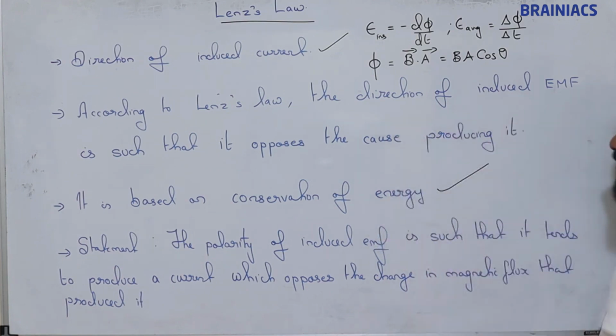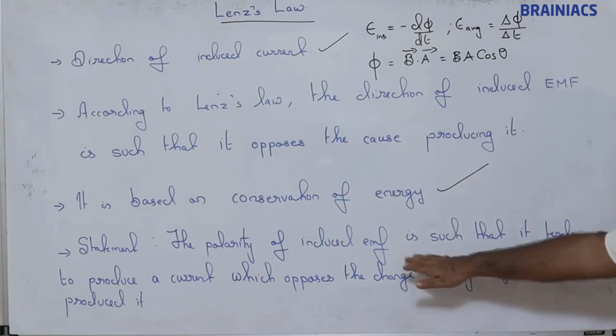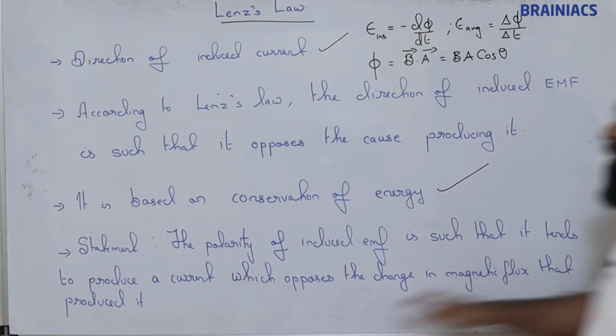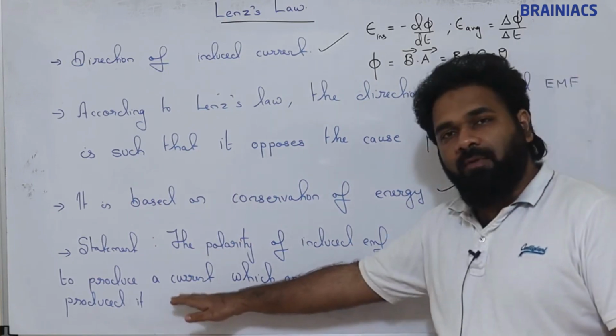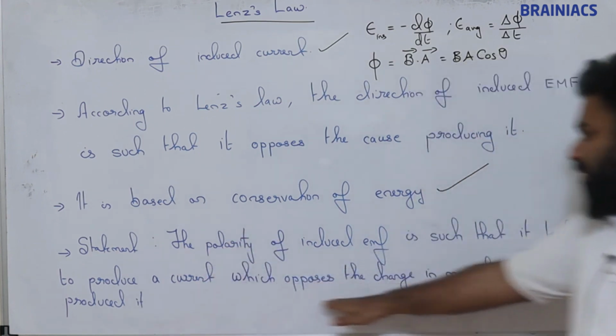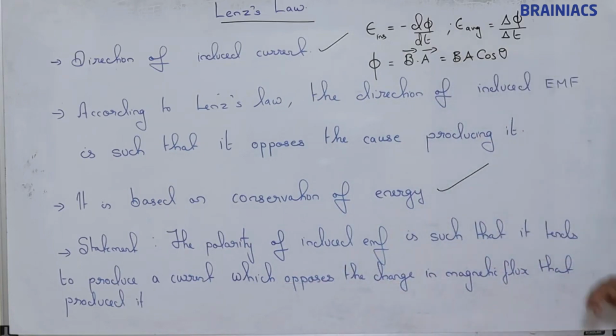Now the statement of Lenz's law: the polarity of induced EMF is such that it tends to produce a current, if we make the circuit a closed one, which opposes the change in magnetic flux that produced it.